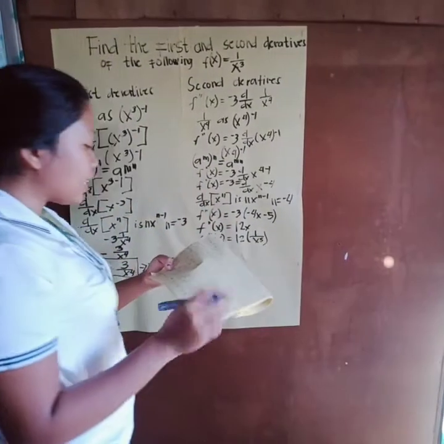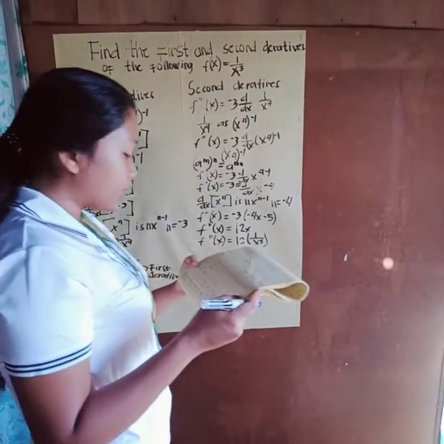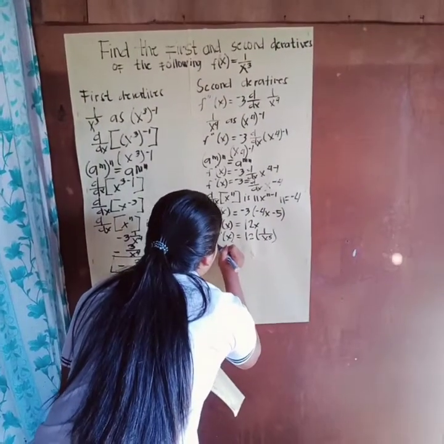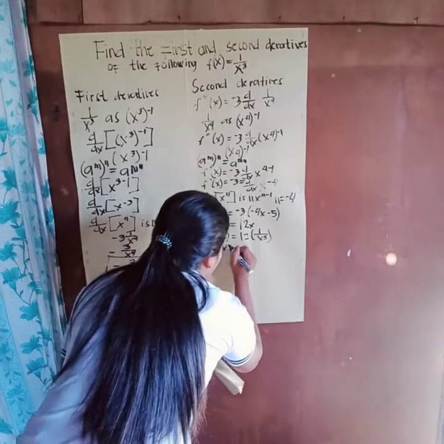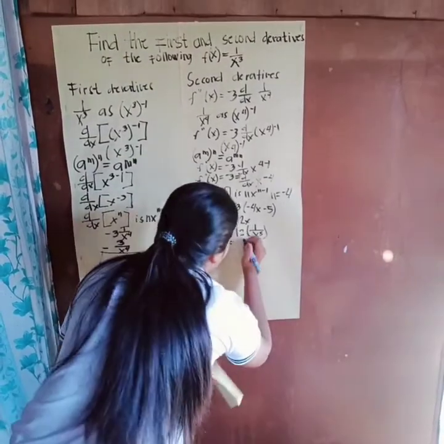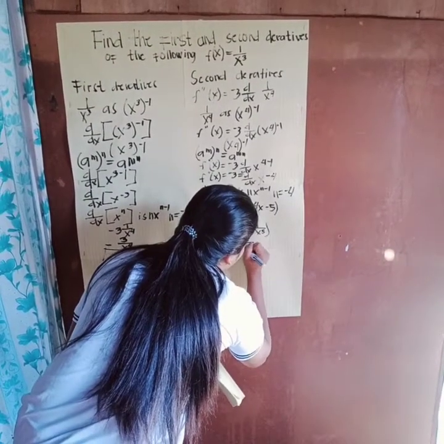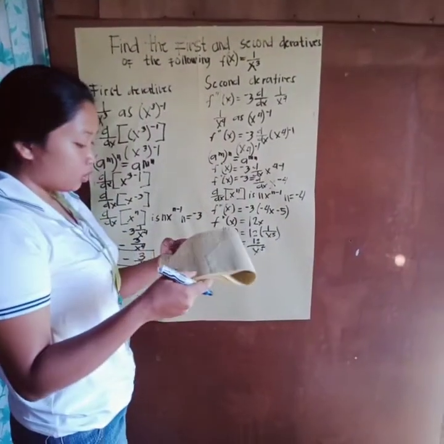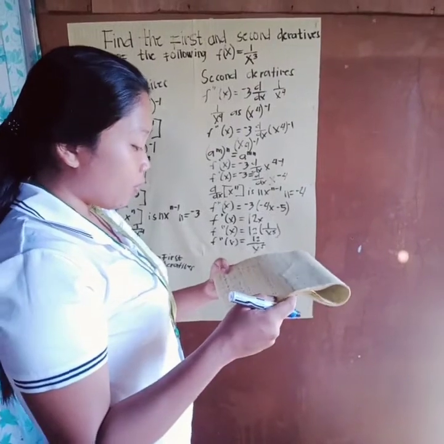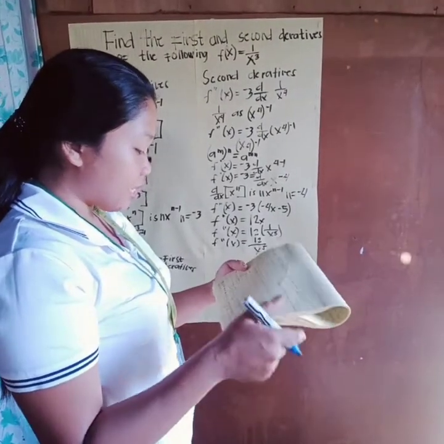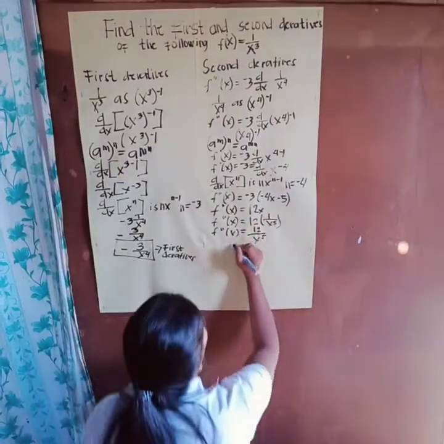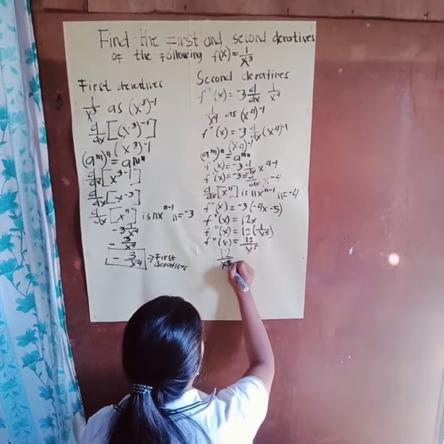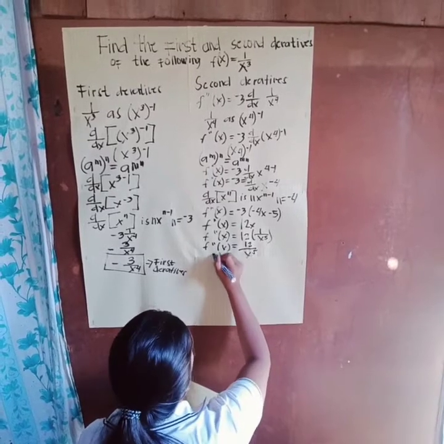Then combine 12 and 1 over x to the power of 5. So our f double prime of x is equal to 12 over x to the 5. So our second derivative of f(x) with respect to x is 12 over x to the 5.